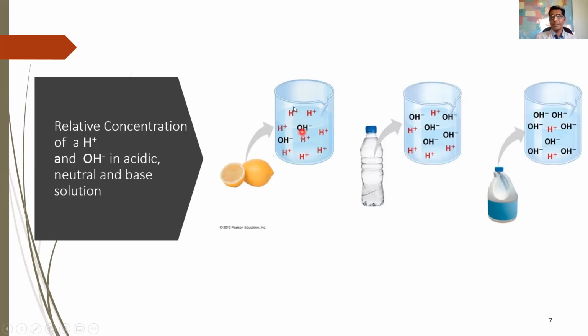And here in the neutral solution, the concentration of hydrogen ions is equal to the hydroxyl ions, so it's neutral. When the hydroxyl is predominant compared to the proton, then we say this solution is basic.